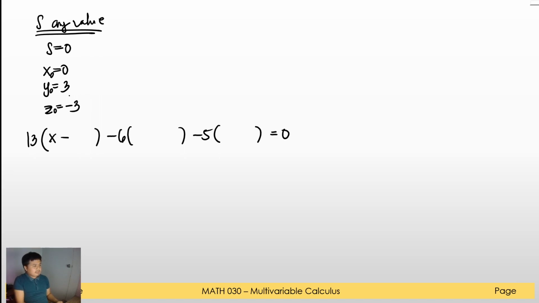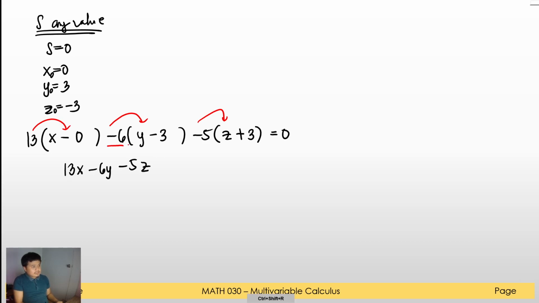So we have x minus x sub 0, so x minus 0, y minus 3, and then z minus -3. So this will become positive, and then simplify. The variables first, so 13x, and then -6y minus 5z, and then the constant: -6 times -3, so plus 18, and -5 times 3, so -15, is equal to 0.